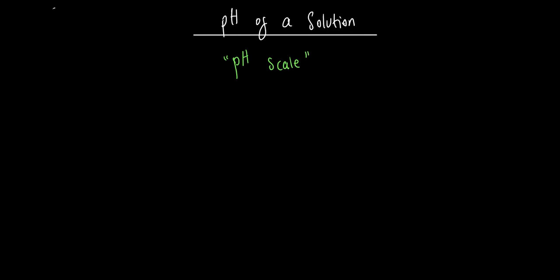Any idea, Mr. Kevin? It's got 0, 7, and 14. Okay, let's put that 0, 7, and 14.